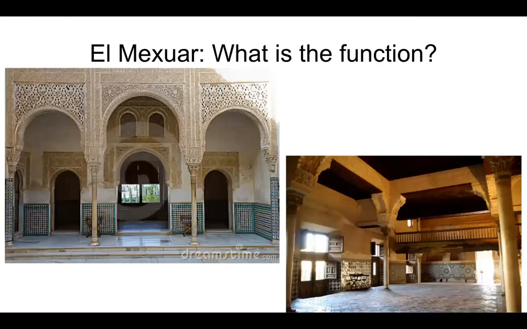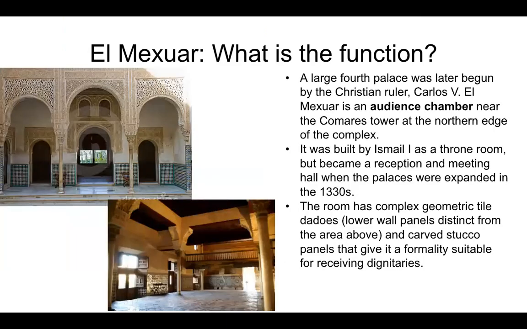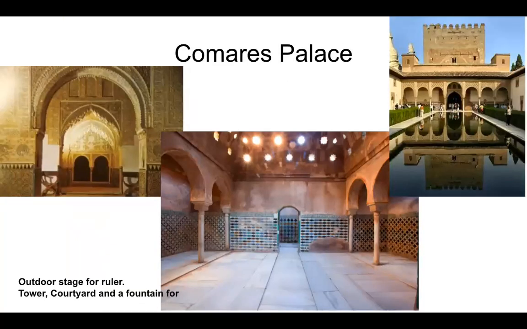This is El Mexuar. This was the audience chamber. It had an exterior audience chamber that was connected to a garden, and also an interior one as well. This audience chamber was really known as where Ismail I would receive dignitaries, but also it's known for its geometric patterning.